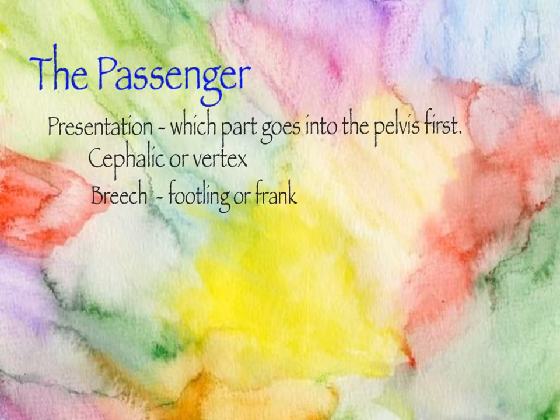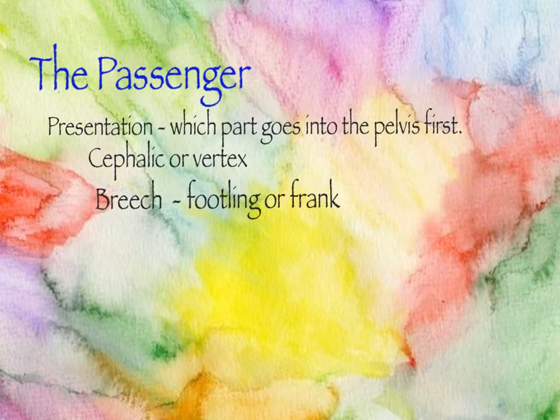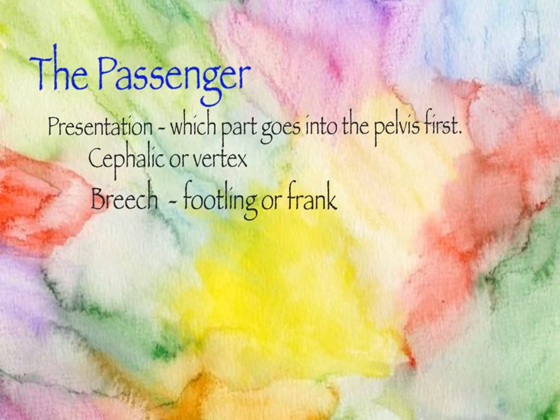And the big danger is that because the presenting part is smaller than the head, sometimes the cervix isn't fully dilated when that body comes down, and then the head gets trapped in the cervix, and the cervix kind of clamps down and causes like a strangulation hazard. So that's one of the dangers of having a breech birth. Breech birth does take longer than a vertex birth. So that's another factor that influences labor.